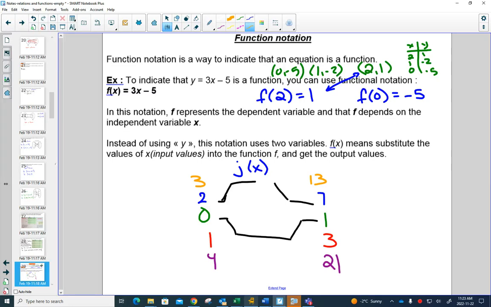I did make a trickier one, didn't I? You think you've got the rule? Is it x squared plus x plus 1?